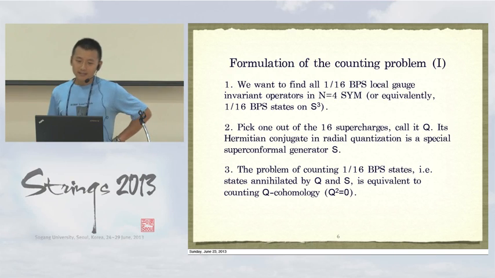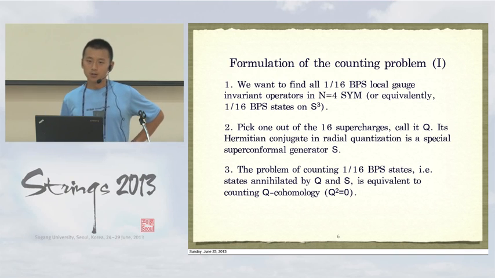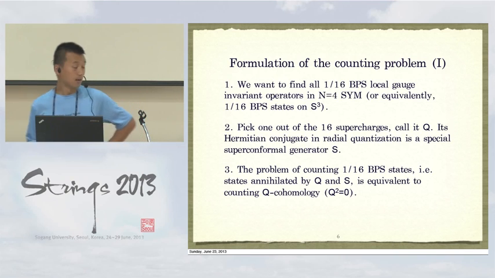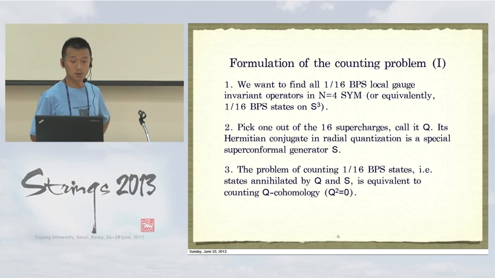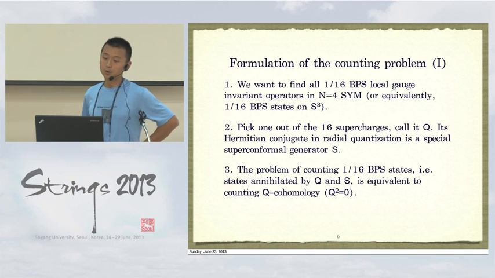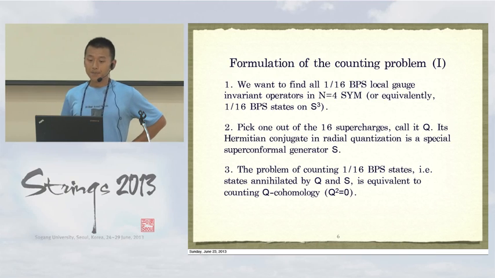We'll pick one out of the 16 supercharges. I'll call it Q. Of course, as you probably all know, the supercharges of N=4 super Yang-Mills are in the 4 of the SU(4) R-symmetry, and carry also a chiral or anti-chiral spinor index.